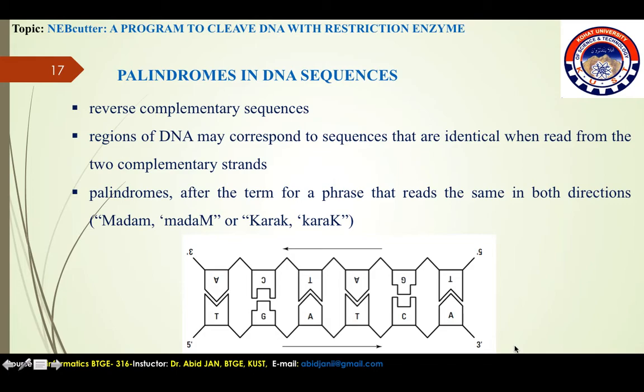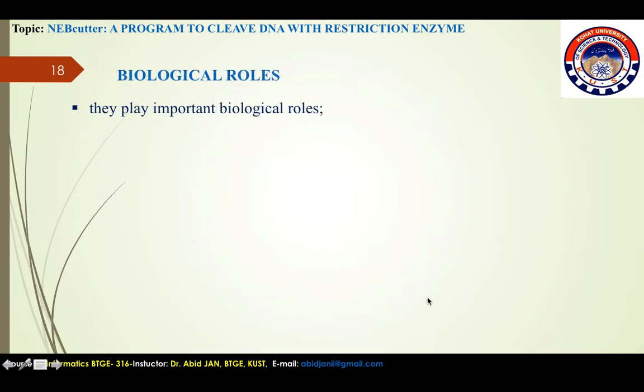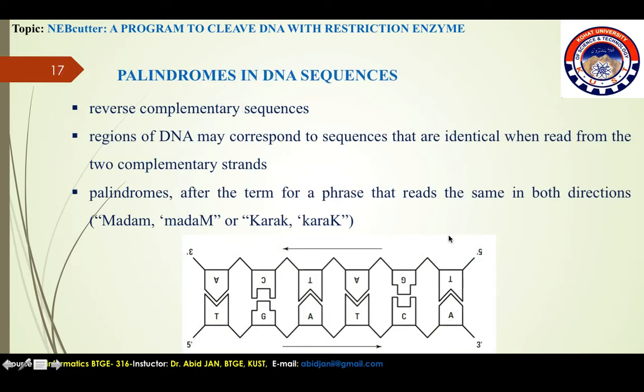Now 5 to 3 this way, TGA, TCA, and at the same time the reciprocal relationship is satisfied: A to T, G to C, A to T, A to T, G to C, A to T. So the A to T and G to C relationship is satisfied.